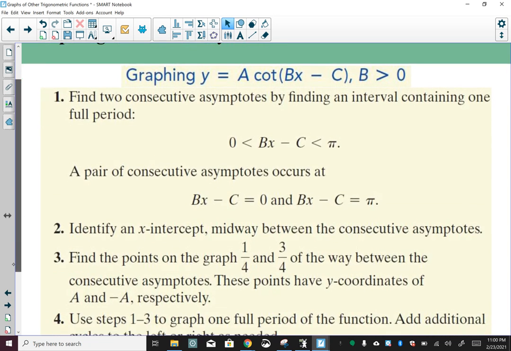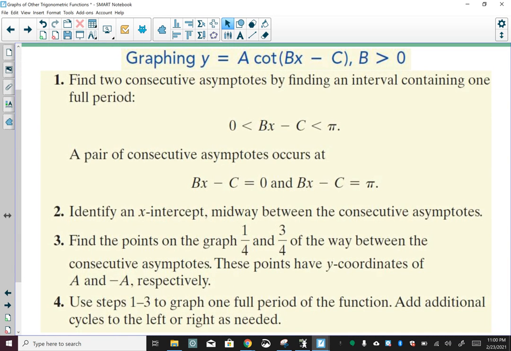Same rundown. Remember with tangent, we went from -pi over 2 to pi over 2. With cotangent, we're going from 0 to pi, because at 0 I have a vertical asymptote, and at pi I have a vertical asymptote.